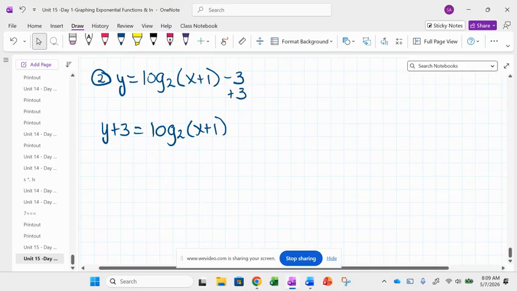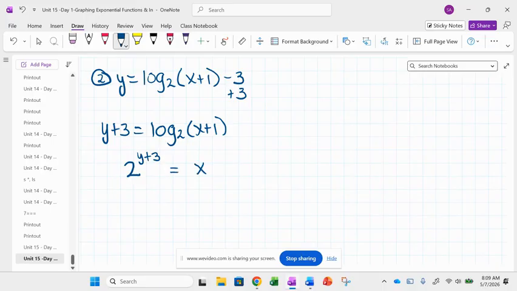And now I change this into exponential. So it's going to be 2 raised to the y plus 3 power equals x plus 1. Right? Log, base, answer equals exponent. Do we recognize this as an inverse because x and y have been switched?